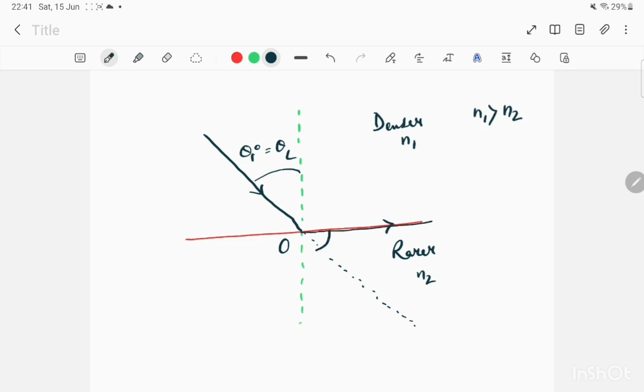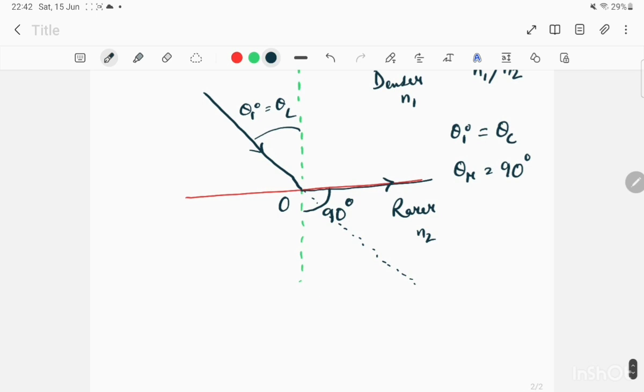So in this case the angle of refraction becomes 90 degrees. So if theta I is equal to theta C, theta R becomes 90 degrees. Again applying Snell's law, sine theta I by sine theta R is equal to N2 by N1, that we have already.